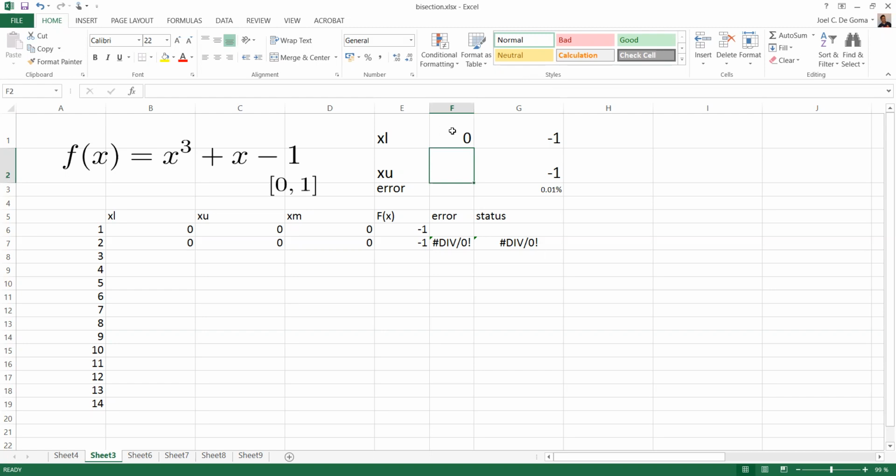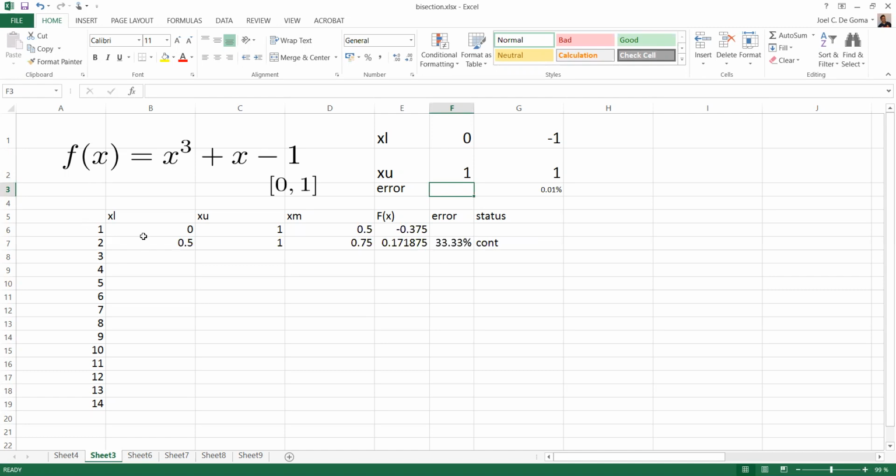While for x sub u, we're going to substitute 1. So 1 cubed plus 1 minus 1 is 1. Therefore, your x sub u is 1. And the acceptable error is 0.01% for this problem.